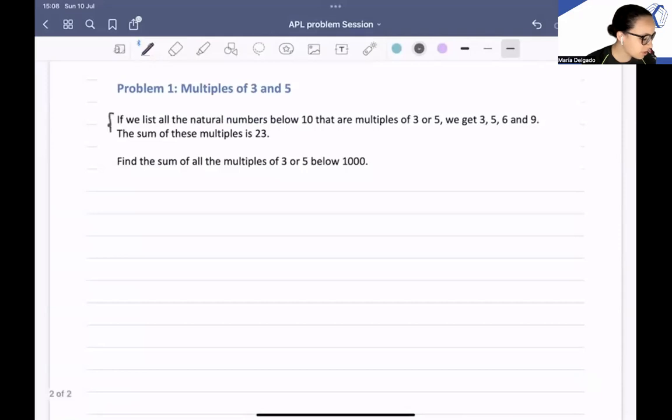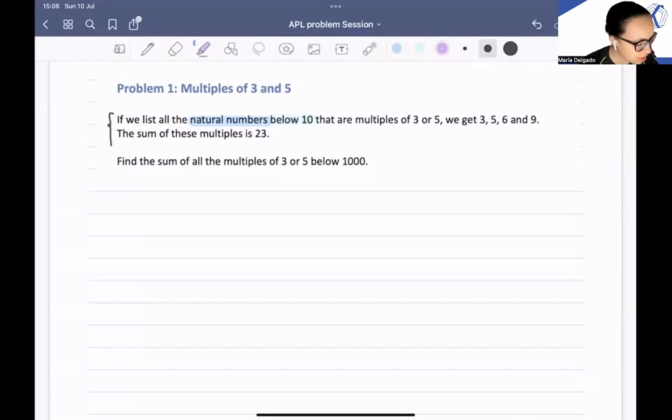By the first paragraph, I mean this part. We can use the highlighter to highlight all the important information that we can find here. So maybe we have natural numbers. We all know that natural numbers are 1, 2, 3, 4, 5, etc. We also have below 10. Below 10 means that, for example, let's say a number called n is equal or less than 9. It cannot be 10.